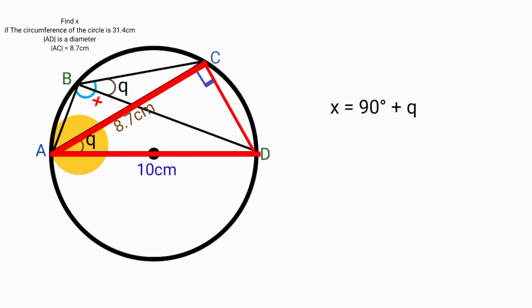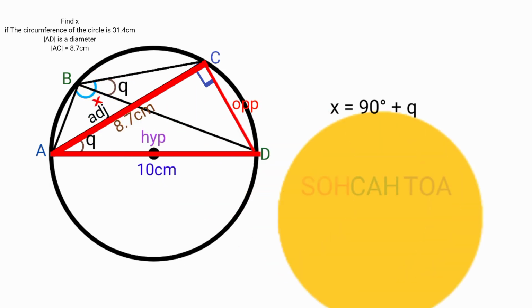So now, from this angle Q, this is our hypotenuse because it's facing the right angle. This is our opposite because it's the one facing the angle Q. And this is our adjacent. We don't have the length of the opposite. We only have the hypotenuse and the adjacent.